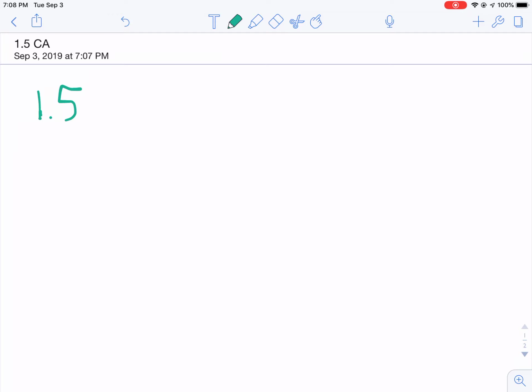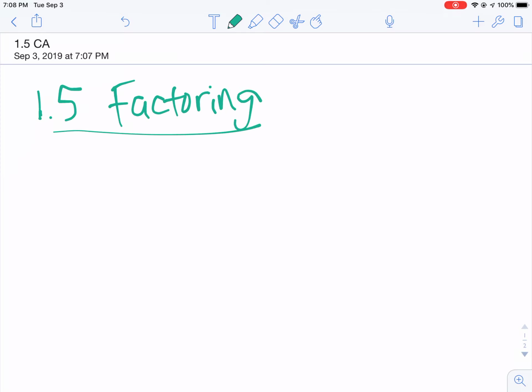So the first thing we talked about, 1.5, is all on factoring and different ways to factor. The first way we talked about how to factor was using GCF, which we all knew was greatest common factor.